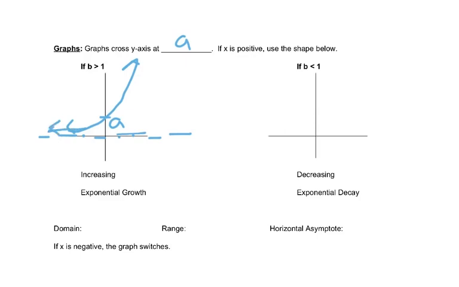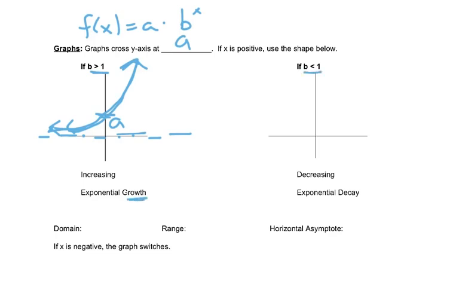So the graph would come along close to that and then go up through that a, and that's if b is greater than 1. So remember that the function model is a times b to the x. It's increasing. This is called exponential growth.